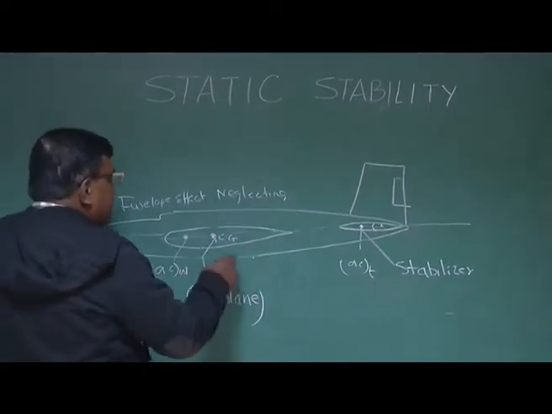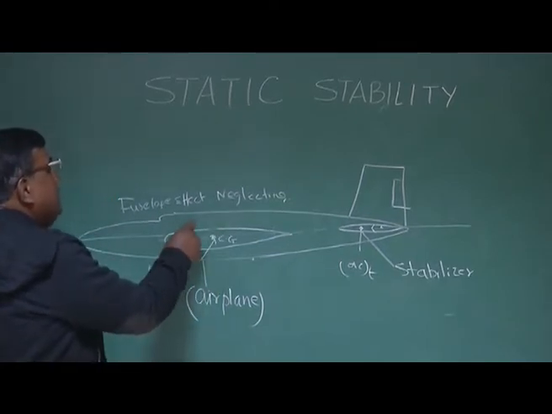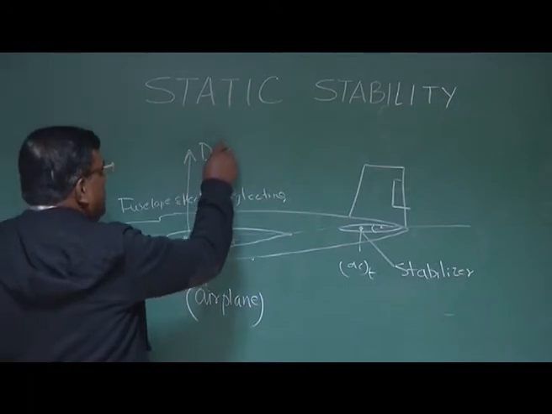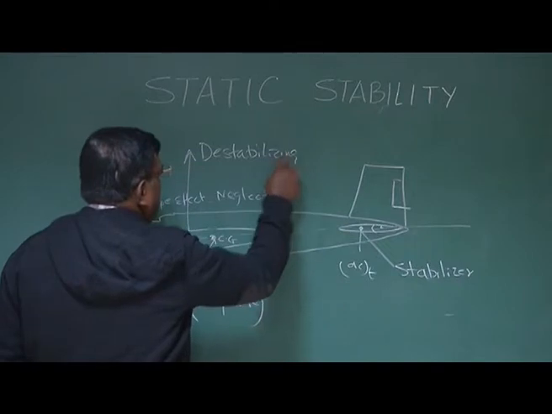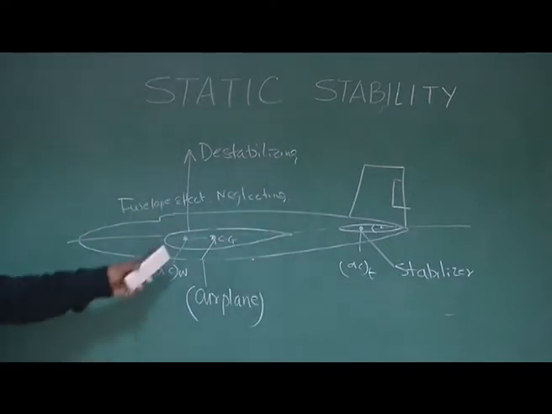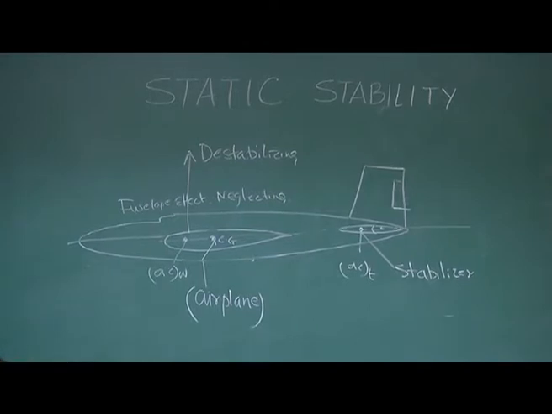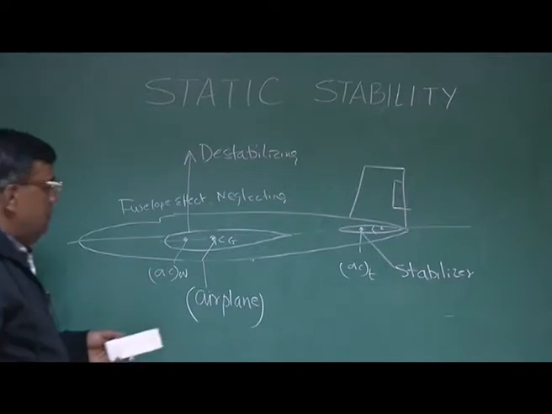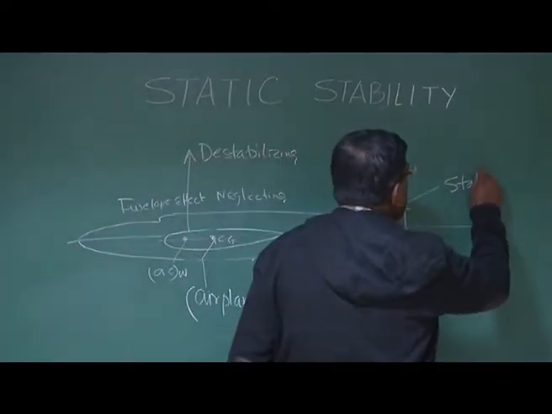As far as the wing is concerned, since aerodynamic center of the wing is ahead of CG, it is giving a destabilizing contribution. So this is not giving stabilizing contribution, because I know for stabilizing contribution, aerodynamic center has to be behind center of gravity. But for the tail, it is of course behind, so it is stabilizing.